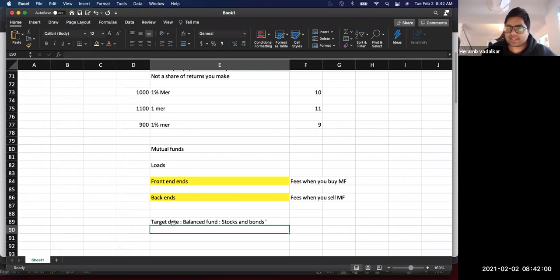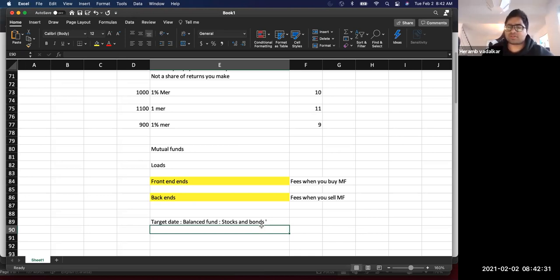Target date works like this: if the fund is away from maturity, it will have higher stock allocation. If the fund nears maturity, it will have higher bond allocation. So it cycles automatically. If the fund has a lot of time to go, let's say 15 years, it will have higher stock allocation. If the fund has 5 years to go, it will have lower stock allocation and it will go into bonds.